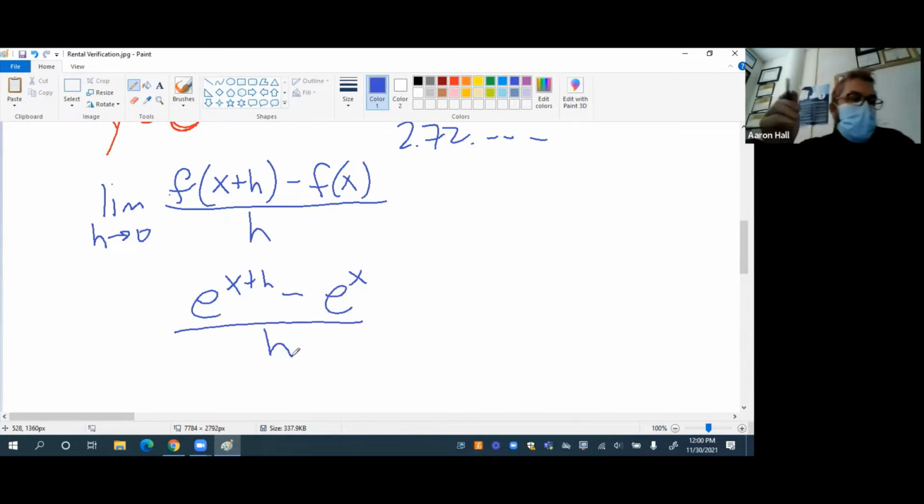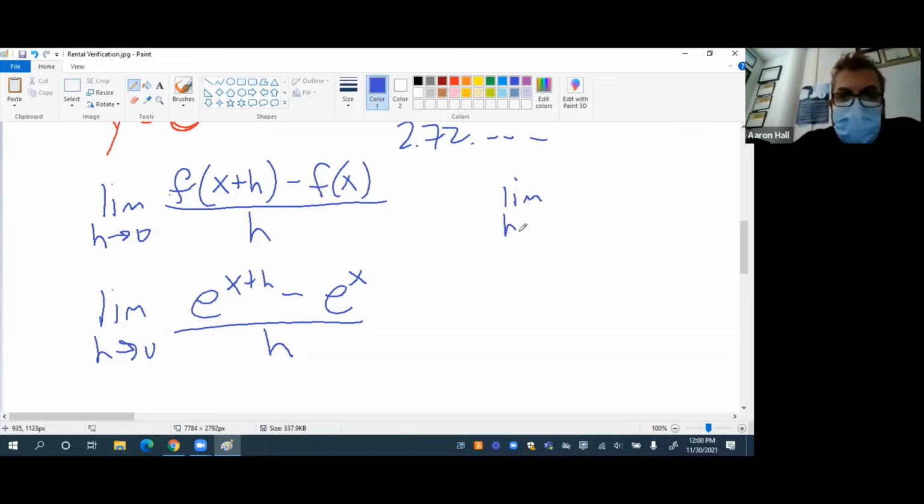Now, one thing that we haven't really discussed, and it gets into a higher level of math, is that to show what this limit is we need this other piece over here: what happens with the limit as h approaches 0 of e to the power of h minus 1 over h.